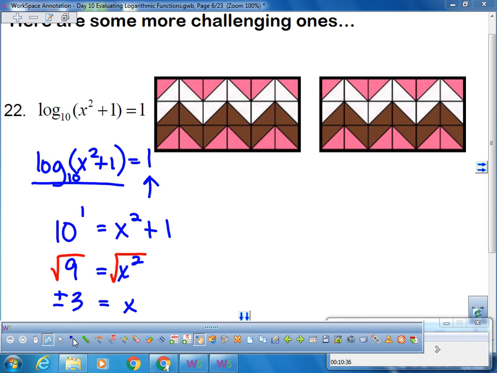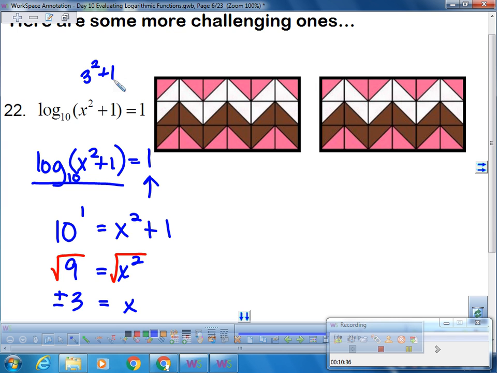So if I put back in here, 3 squared plus 1, I get 3 squared is 9, plus 1 is 10. If this right here was 10, then it would be saying 10 to the 1 is 10. Is that true? So that works. Let's try negative 3. If I put negative 3 in here and square it and add a 1, don't I still get 10? That works.